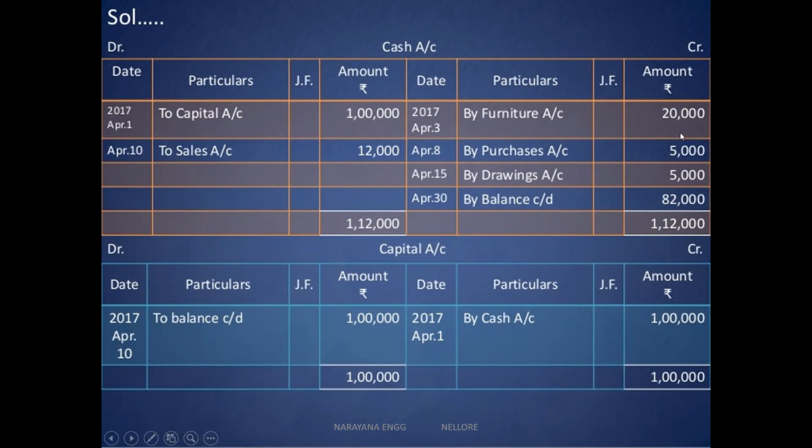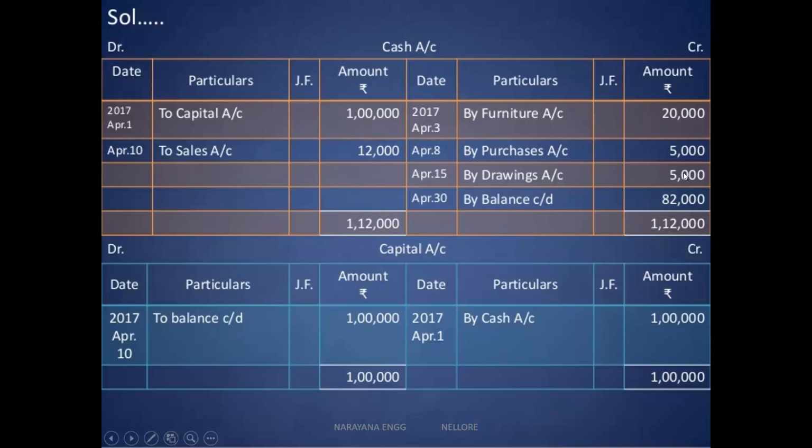Similarly, on the credit side, 20,000 plus 5,000 plus 5,000, that means 30,000. So the credit side is 30,000 and the debit side is 1 lakh 12,000. Which is the bigger amount? 1 lakh 12,000 is the higher amount, so you mention the higher amount as the total on both sides, that is 1 lakh 12,000 and 1 lakh 12,000.